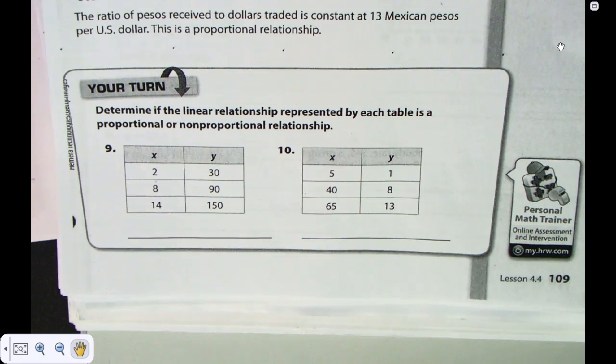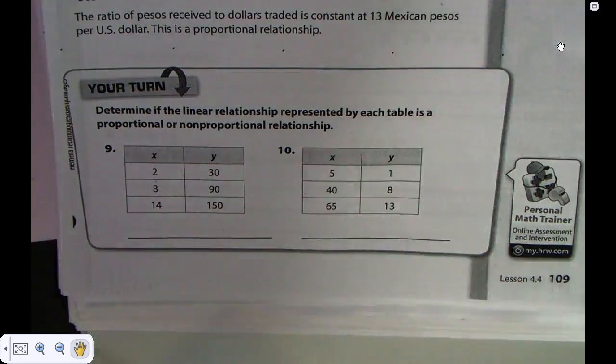What are we going to do? We're going to divide the y by the x. So go down. Divide them. Right now.